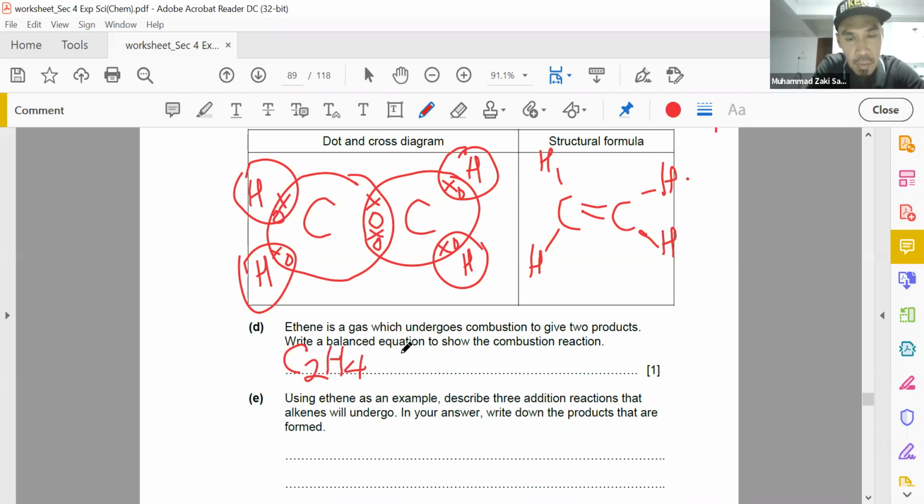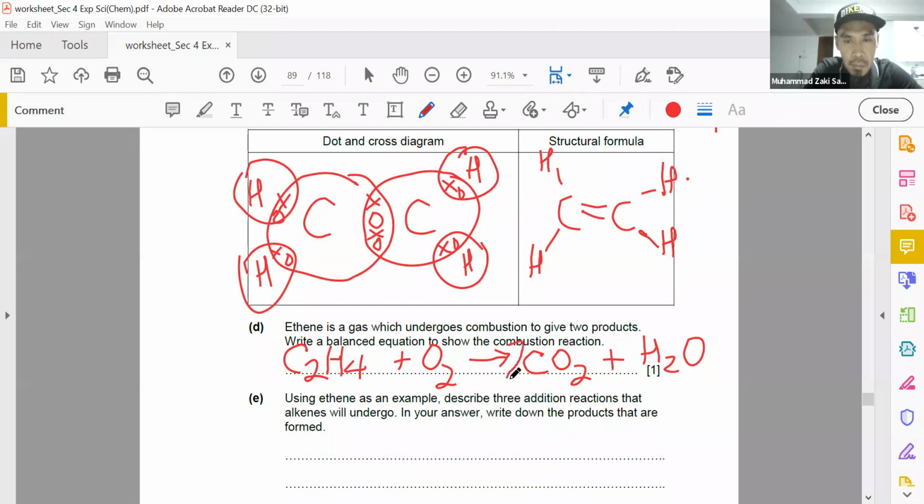Combustion must always have oxygen. A fire will only burn when there's oxygen. No oxygen, no fire. However, this equation is not balanced. The carbon is not balanced, so automatically you can put 2 here.